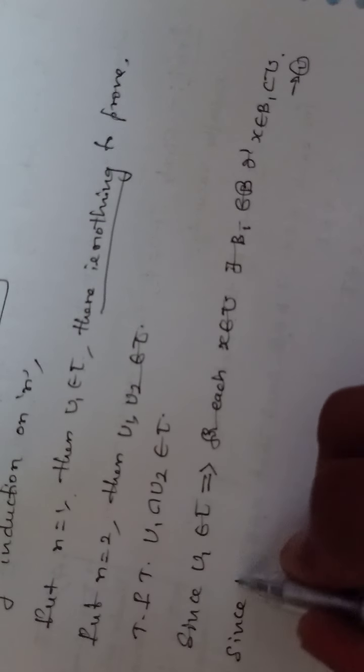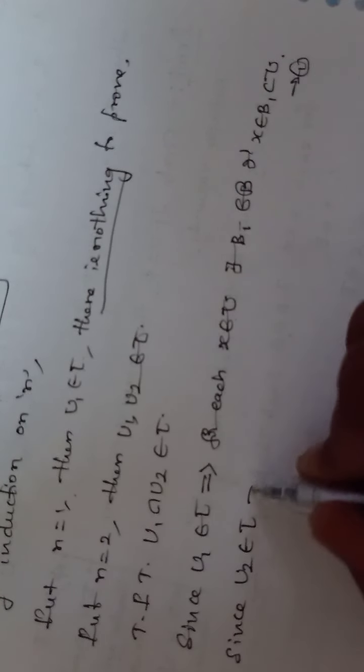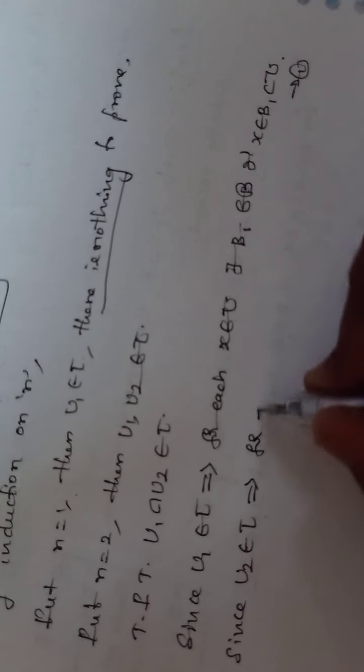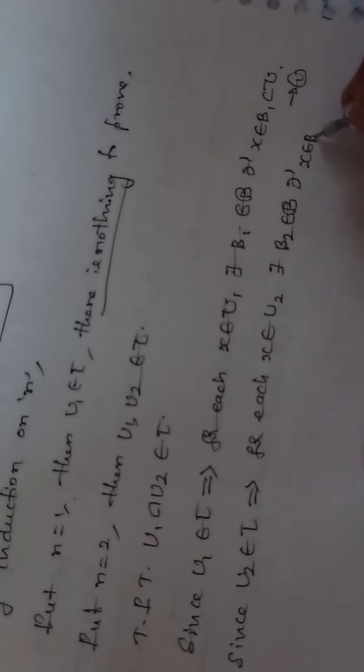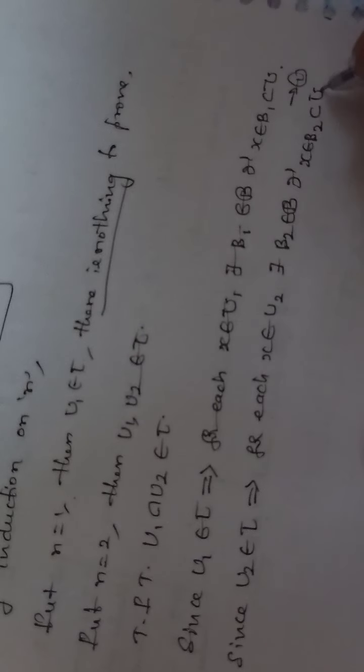Similarly, since u2 belongs to tau, for each x belongs to u2 there exists b2 belongs to B such that x belongs to b2 which is contained in u2. Call this (2).